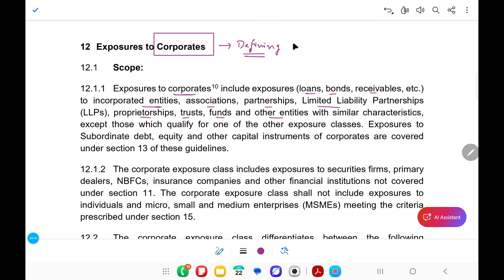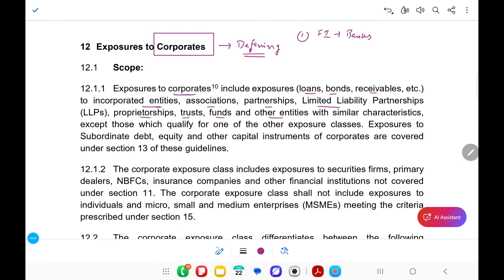So there are two criteria to define the exposures that will fall under the corporate exposure class. First is the including criteria, meaning the financial institutions which are not classified under the bank class, such as security firms, primary dealers, NBFCs, and insurance companies.